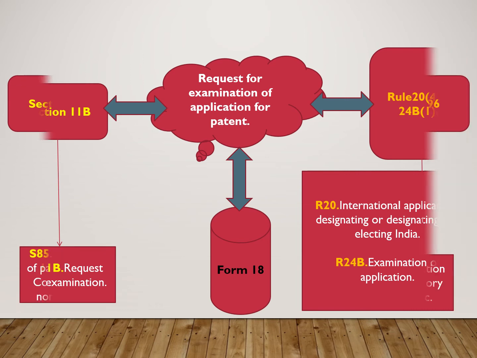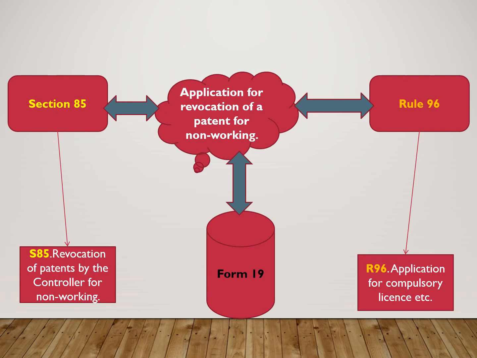Let us proceed to form number 19. The title is Application for Revocation of a Patent for Non-Working. That means if a patent is not working, then an application for revocation can be applied. Fine. So the related section is 85. The related rule is 96.